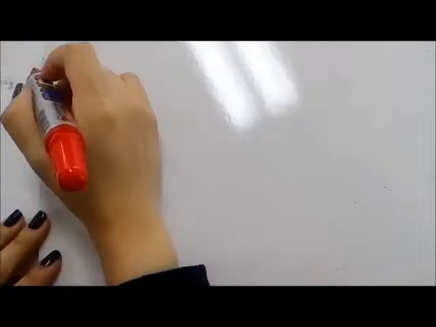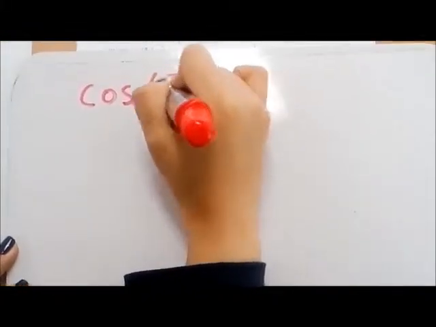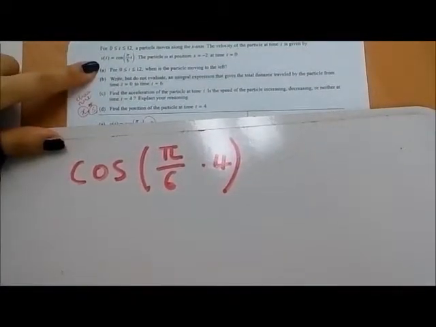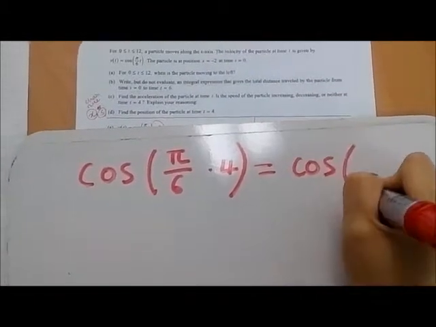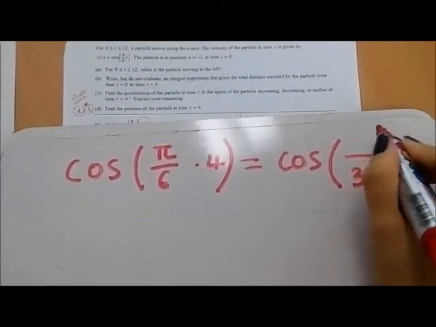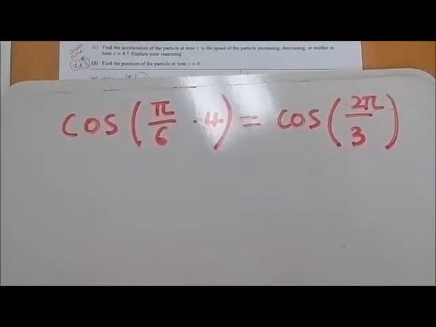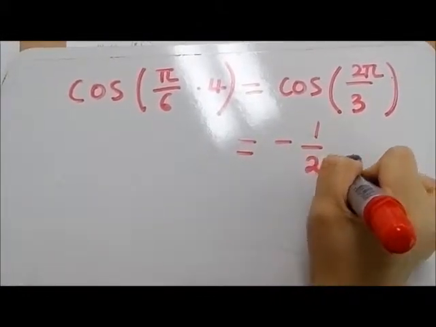Now, if we consider the value of the velocity at time 4, according to the equation given above, this would have a value of cosine 2 pi over 3, which would be negative 1 over 2.